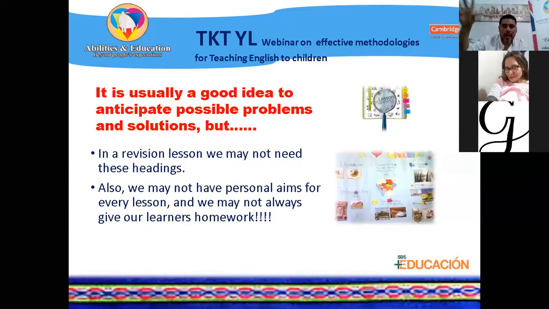You can also include time, interaction patterns, etc. But these things are not vital, right? So for example, in a revision lesson, we may not need to anticipate possible problems and solutions, all right? Also, we may not have personal aims for every lesson, and we may not always give our students homework.